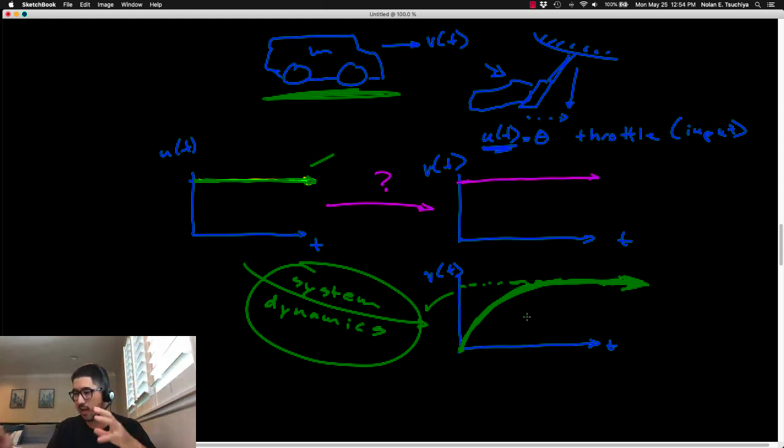Okay, so the question is, can we actually capture those system dynamics mathematically? And of course, the answer is yes. Right? If we couldn't do that mathematically, there would be no point to taking this course, right? Yes, the answer is we can capture the dynamics of a system mathematically, and that process is called modeling.